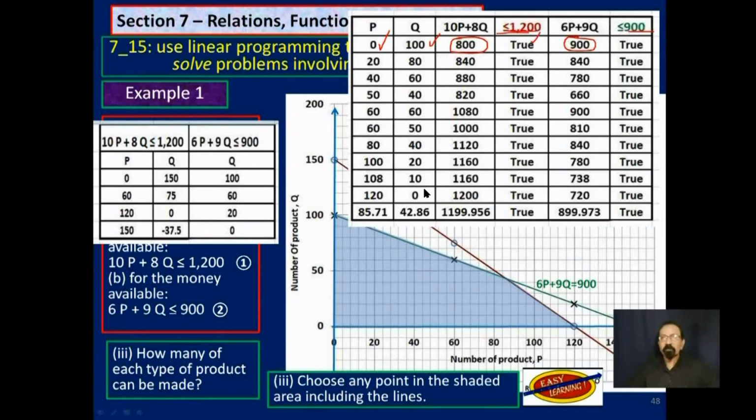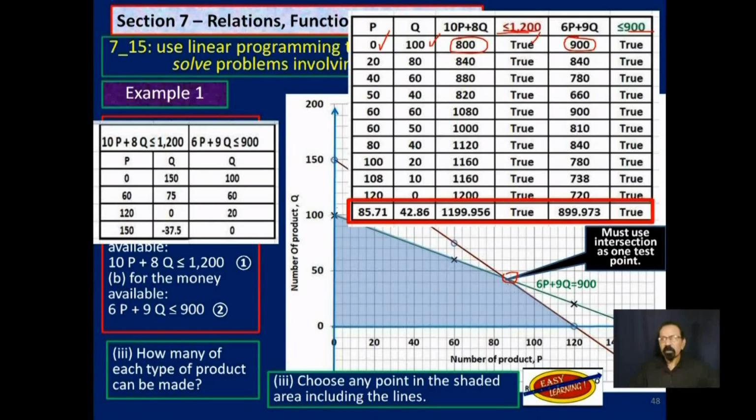We could go down like this. We will use this intersection point as well, which is here. That seems to be the ideal point. You're using up almost all your 1,200 hours and basically almost all your $900.